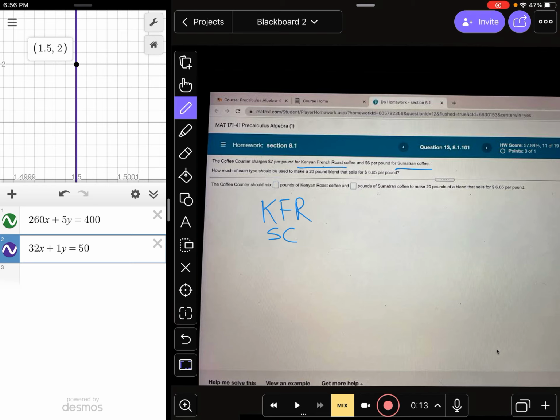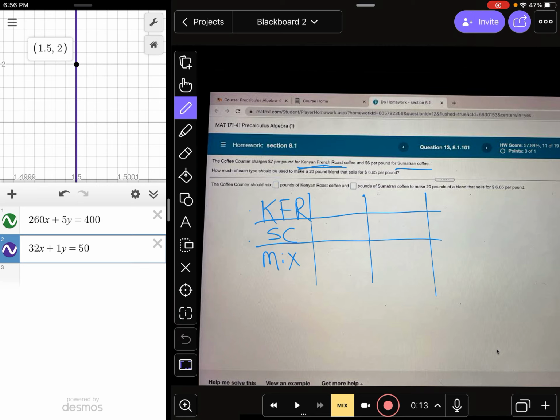I'm also going to have a mix of the 2, because I'm going to take this and this and mix it. That's going to be my mix. And I'm going to put some values in here.